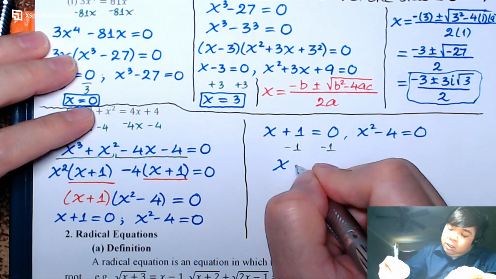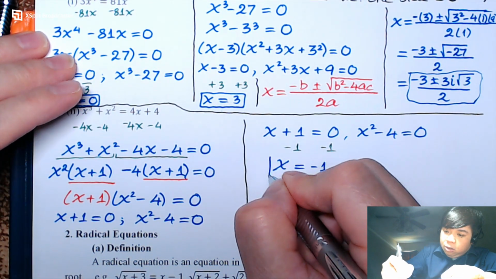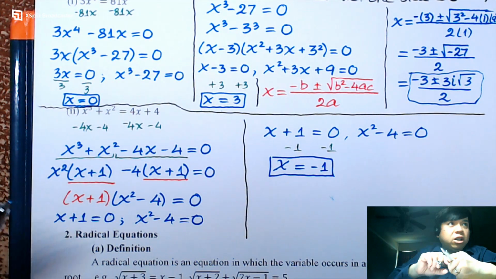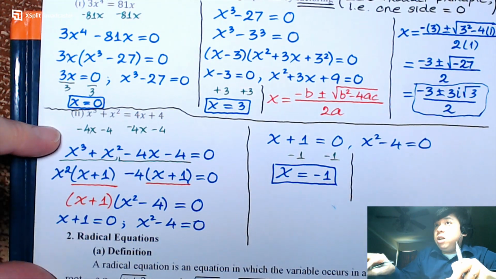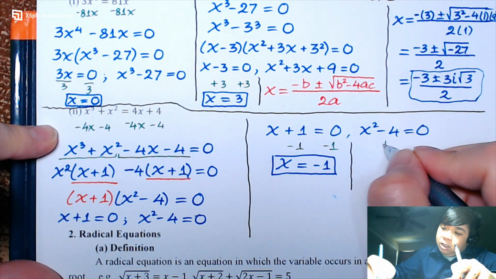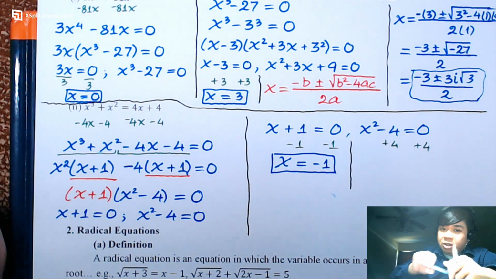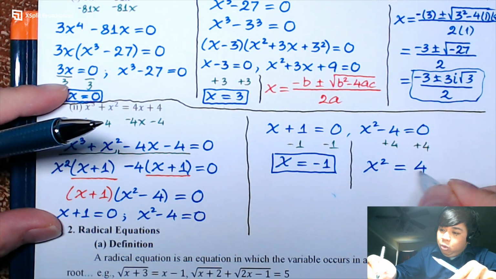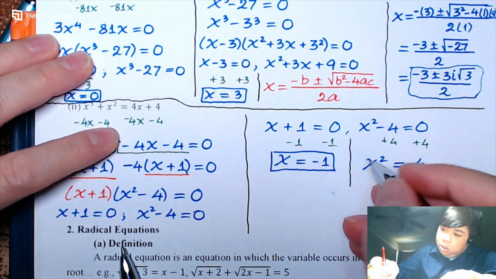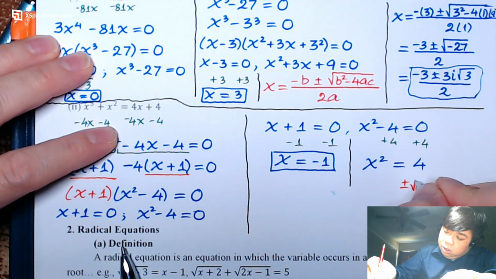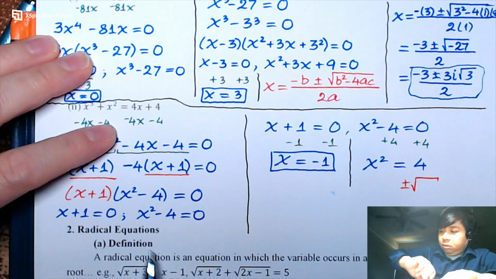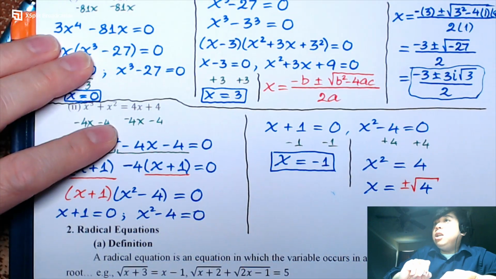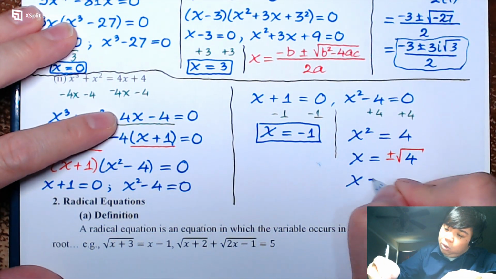We have x equal to negative 1. And this. Usually for quadratic equation, we use quadratic formula. But this will be easier because we have a square already. Remember, square root properties, right? To get rid of the square, we use plus or minus square root. And that will be 2. Square root of 4 is 2. So x equal to plus or minus 2.